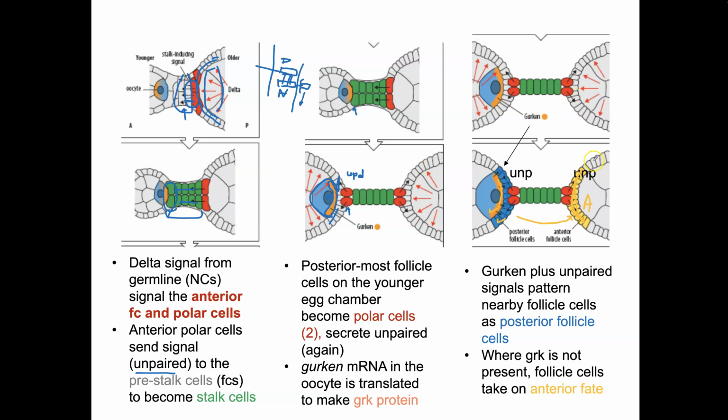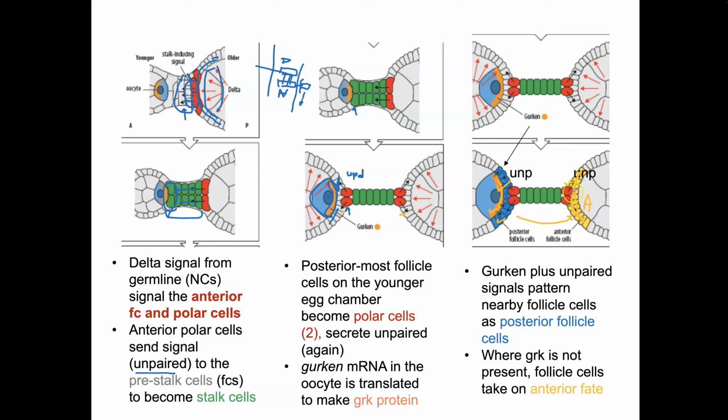You have Unpaired being expressed here and here due to those signals. So that's what the black arrow is here. And when the Unpaired signal is combined with the fact that Gurken is also a signaling molecule sending messages to these cells, they're getting two sets of information, and that makes them take on a posterior fate.